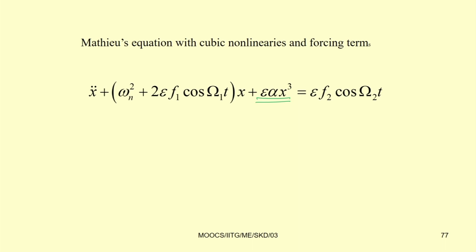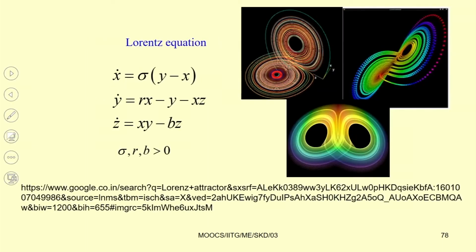Each nonlinear equation or nonlinear system has a unique response, and one has to study them separately. One should not predict the response by knowing the response of a similar system, which will lead to erroneous results.